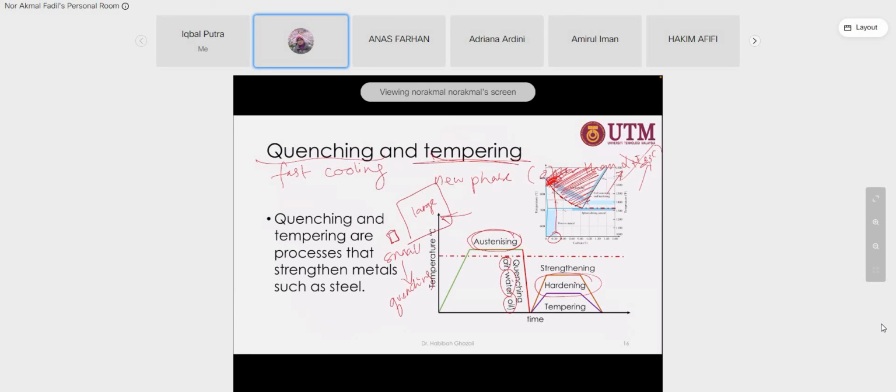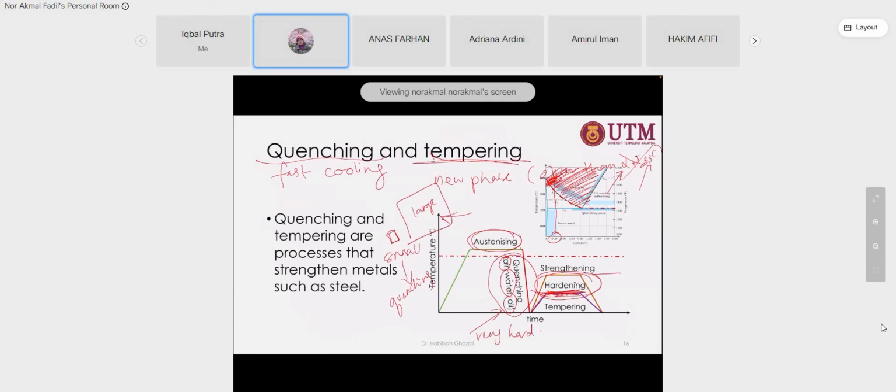If you conduct the next step of the treatment at a lower temperature, you can call it hardening, because after the quenching process, the material becomes very hard. You soften it, lowering the hardness, and you can maintain the properties of hardness.